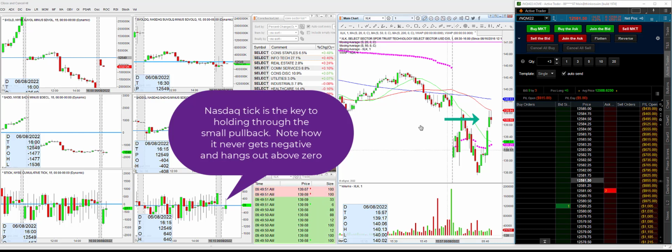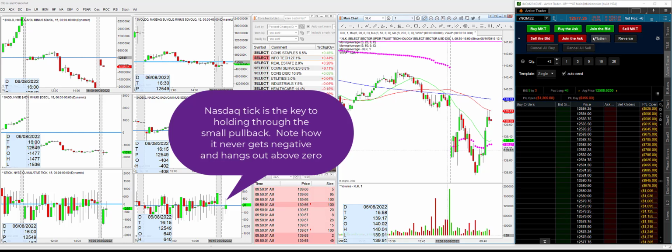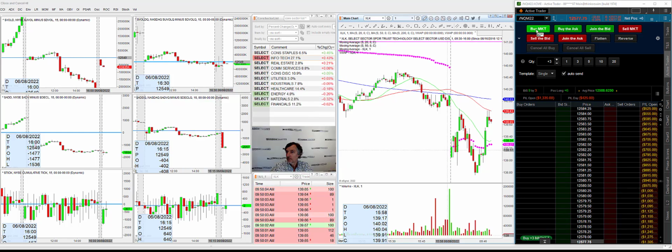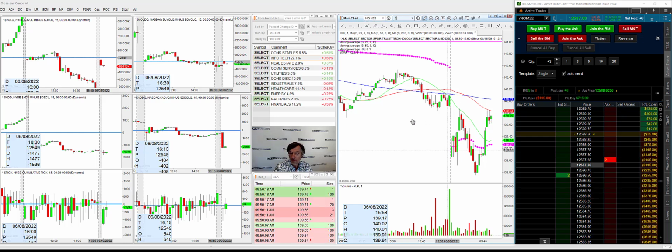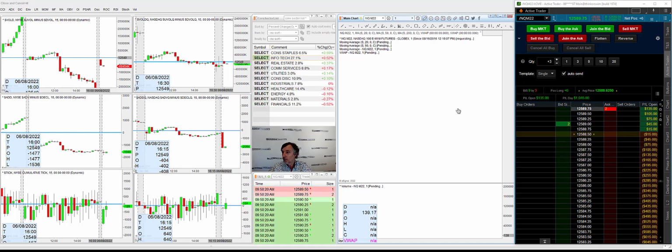Should happen. See how it's not budging there? It's not falling down. It's holding up okay. Ticks look all right. Okay, here we go.